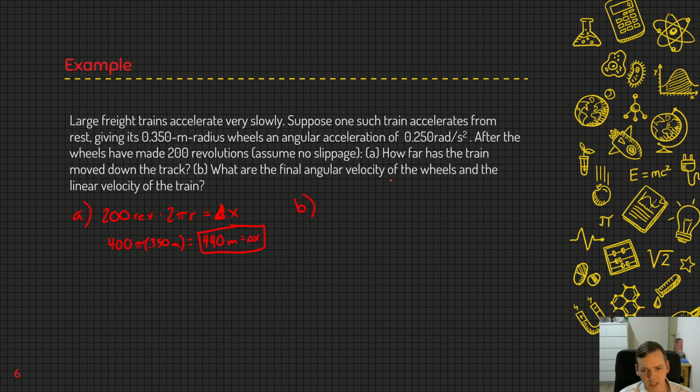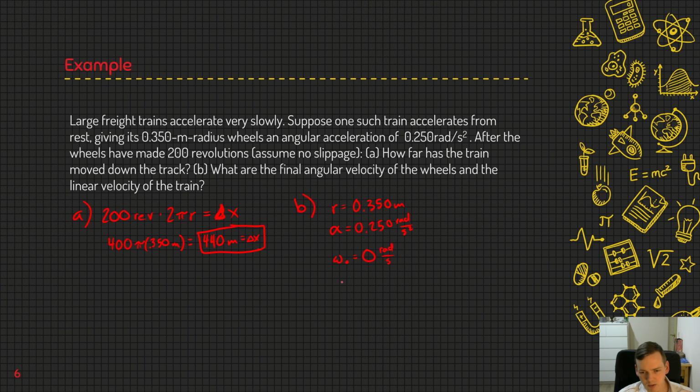But for part B, what is the final angular velocity? Well, we know that the r is equal to 0.35. We know that the alpha is equal to 0.250 radians per second squared. We know that the omega naught is equal to 0 radians per second, and we want to find the final velocity.